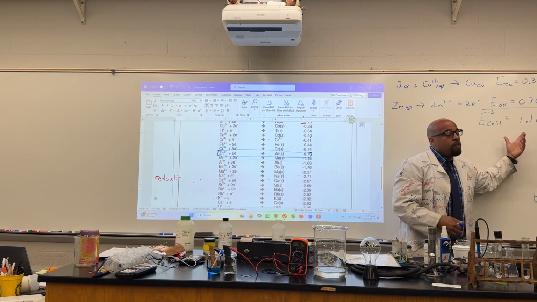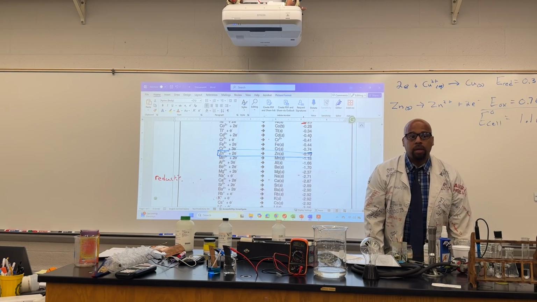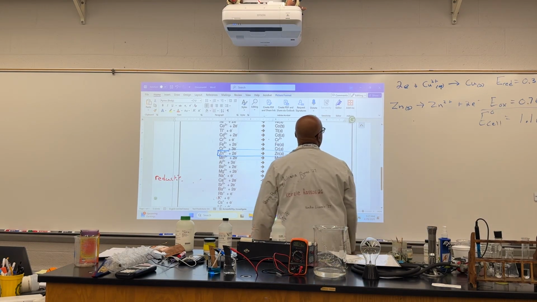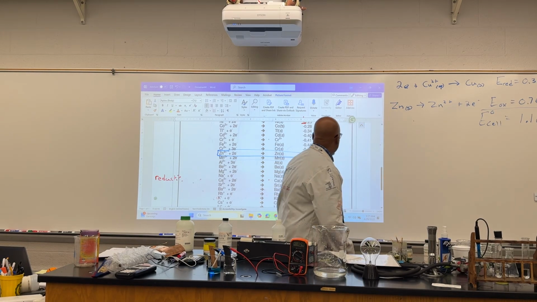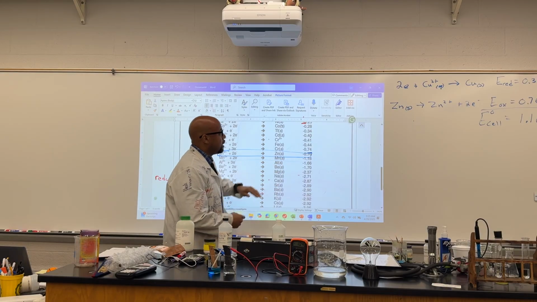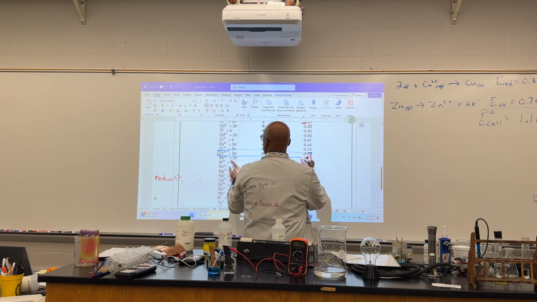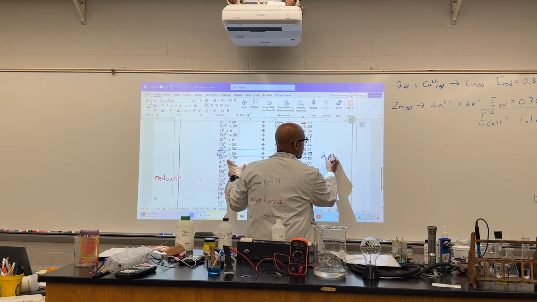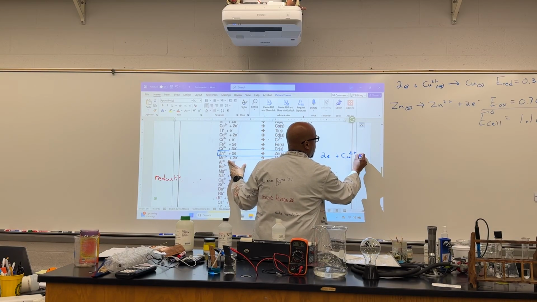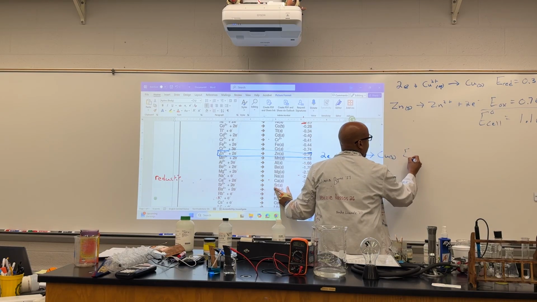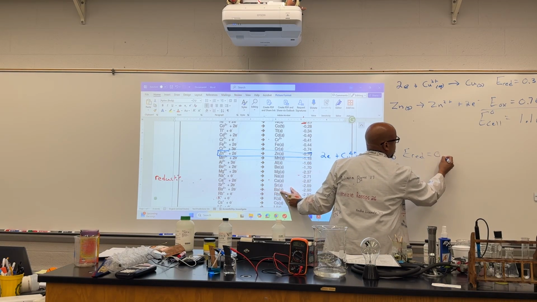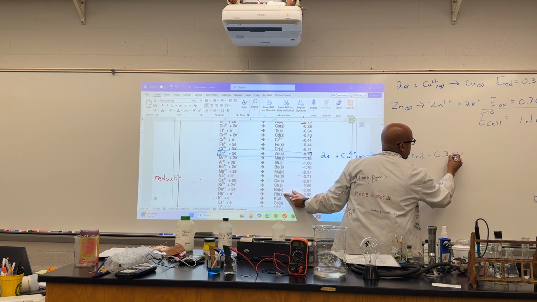For a problem such as this one, I've seen it sometimes where they'll give you the two half reactions. They'll give you, for example, 2 electrons plus Cu2+ aqueous going to produce copper solid, and the E of reduction happens to be 0.34 volts.